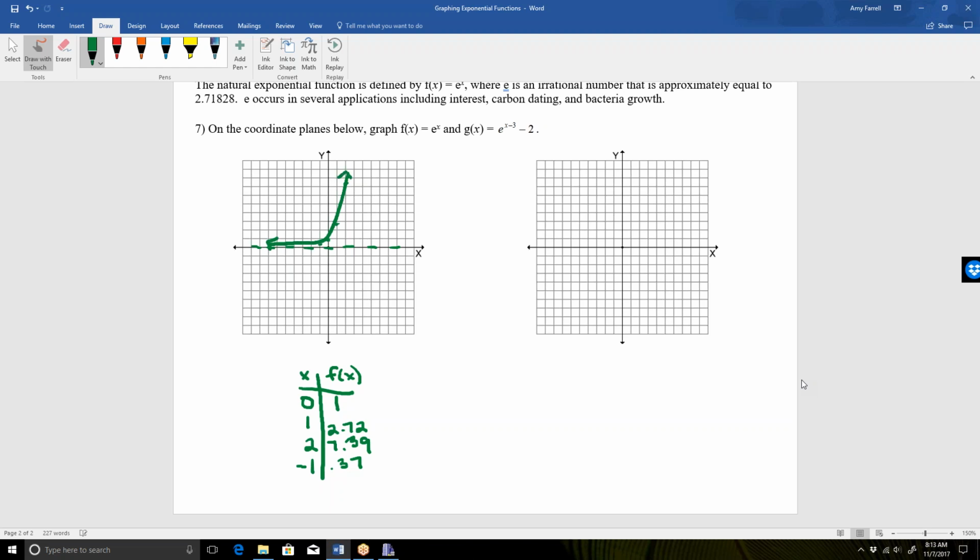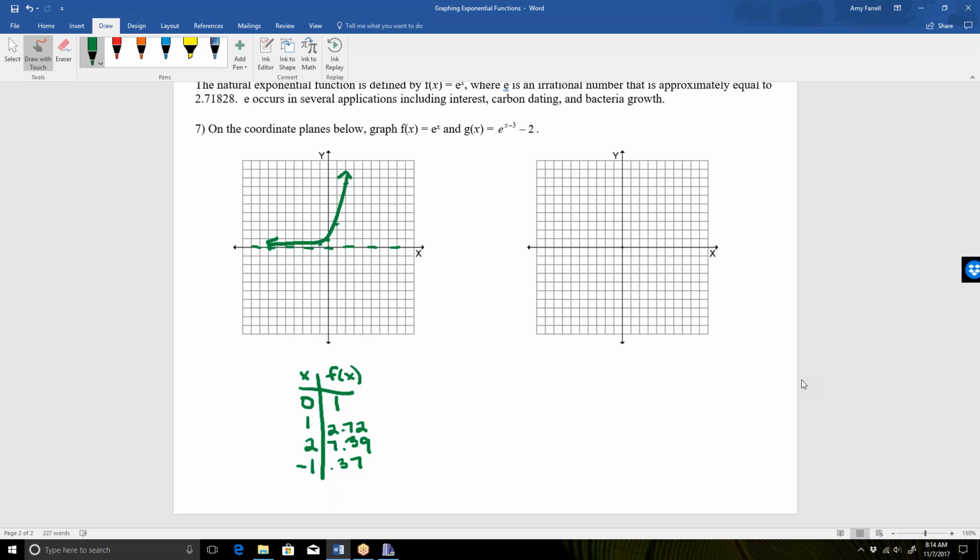It does increase a little bit faster than 2 to the x, but not quite as fast as 3 to the x. And we can see that because e is about 2.71828. So it's between 2 and 3, so we would expect it to increase faster than 2 to the x, but not quite as fast as 3 to the x.